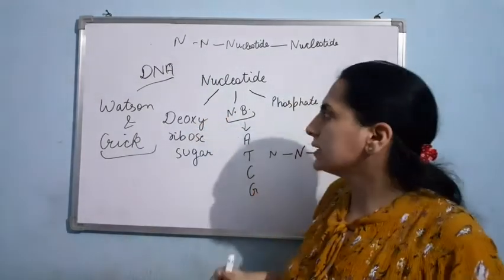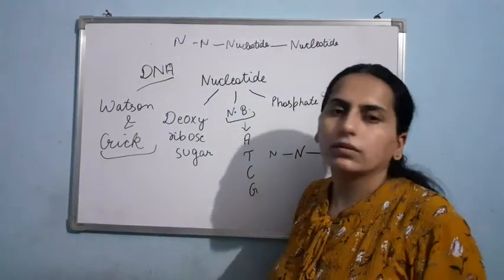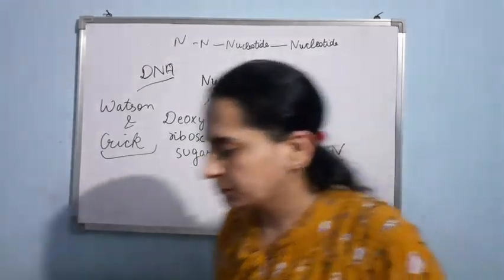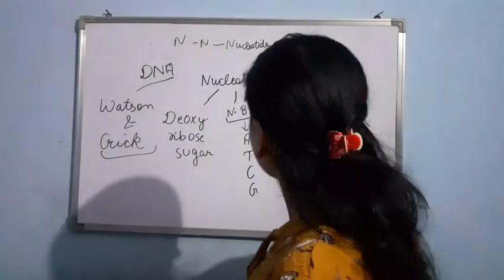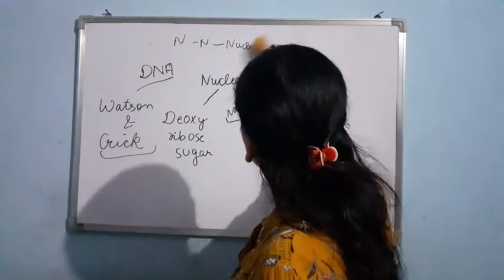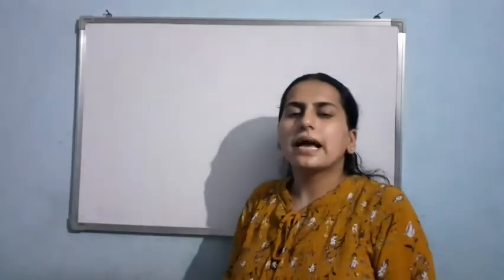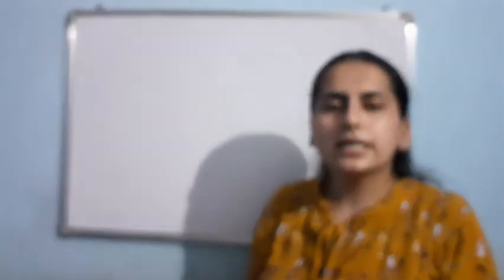Clear? Now let us talk about the common characteristic features of the DNA. So, first feature, as I told you, the DNA is made up of two polynucleotide chains.